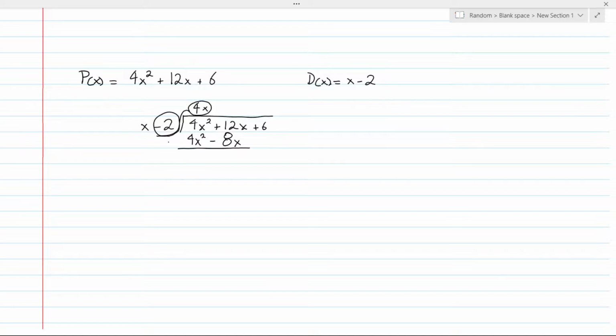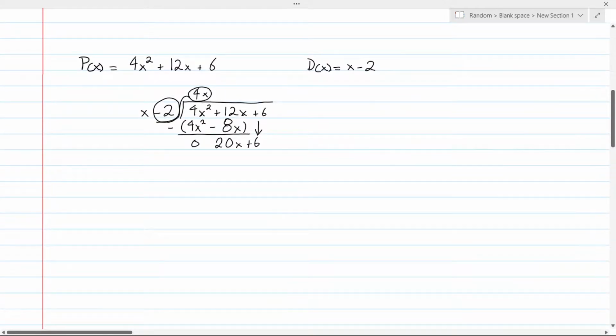I then subtract. So that gives me 0. 12 minus 8 is 20x. And I carry down the 6. Again, I would ask, what do I need to multiply x by to get me close to 20x?